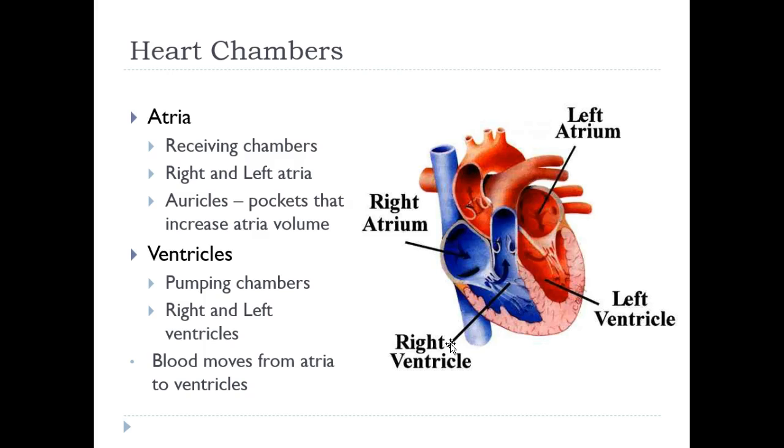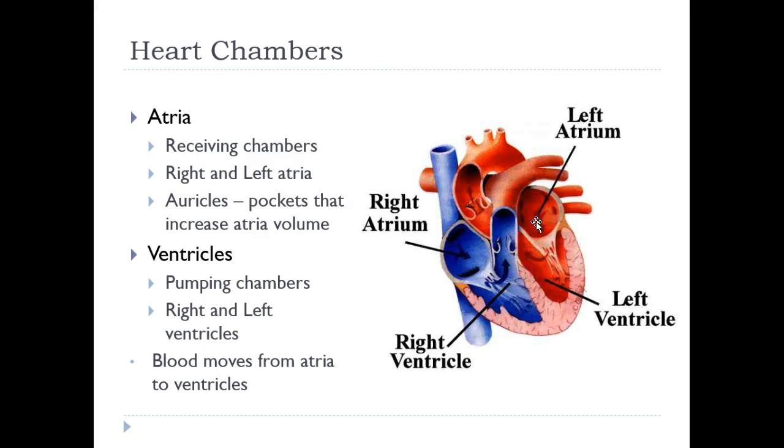Blood comes in from the atrium, passes the tricuspid valve, and goes into the right ventricle, and is going to go up the pulmonary artery into the pulmonary trunk, and it's going to go to the lungs, come back, and when it comes back from the pulmonaries, we're going to go into the left atrium.